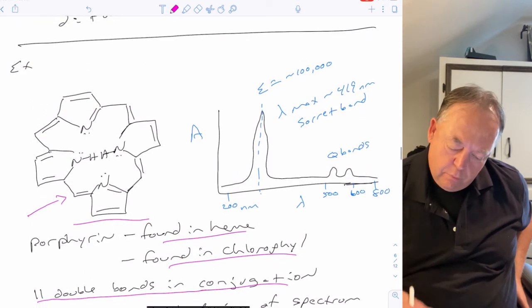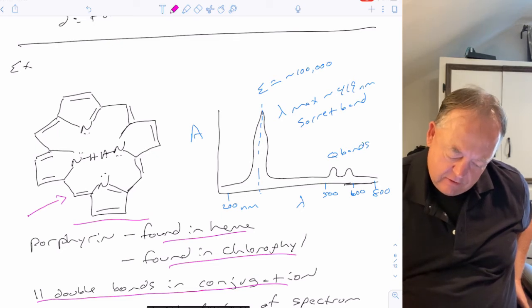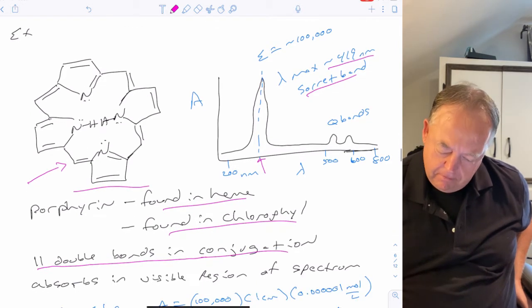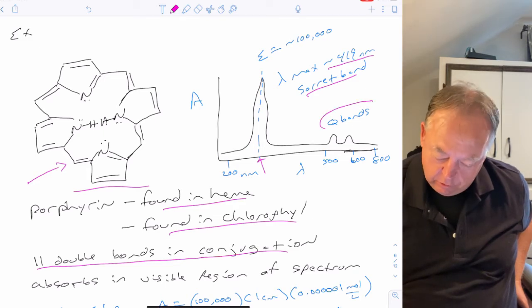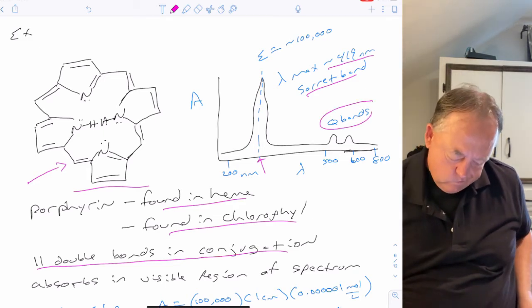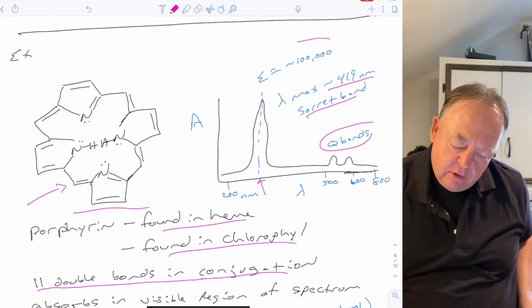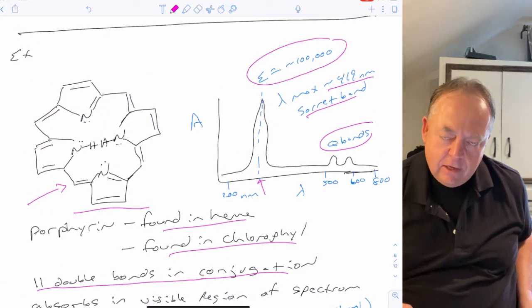A porphyrin UV Vis spectrum looks like this. You typically have the lambda max around 419 nanometers, which is called the Soret band, and then smaller absorption bands around 500 to 600 nanometers, which are called the Q bands. And porphyrins absorb light intensely, right? Their epsilon value is about 100,000 or more.